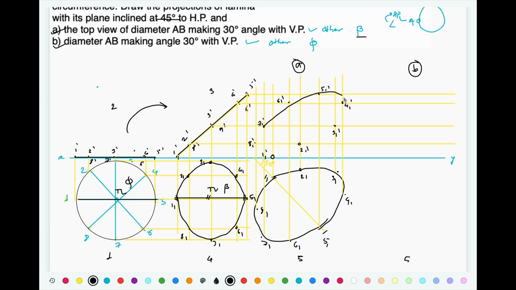So connect those points in a proper sequence and complete the view. Okay, so this is the solution for A.